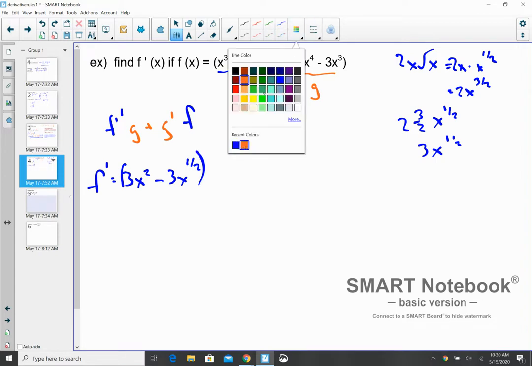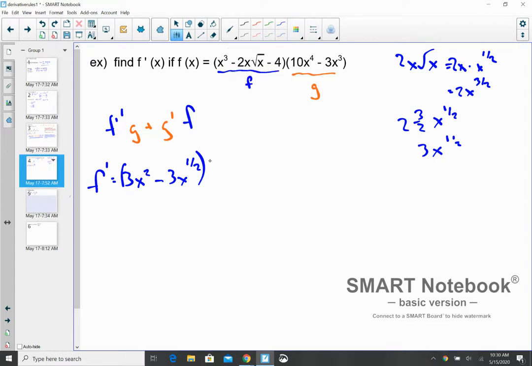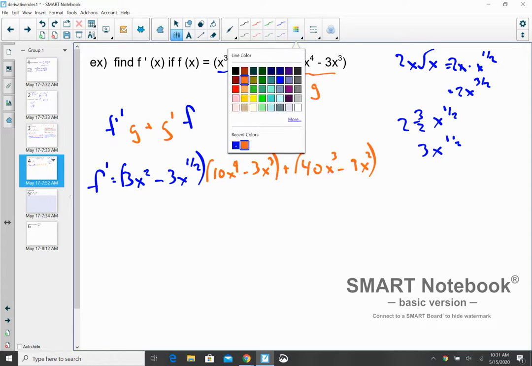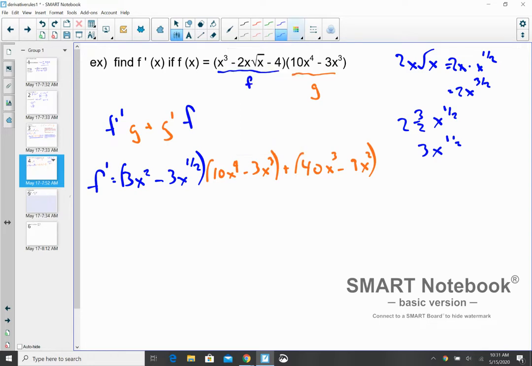All right, let's go orange. G, oh, just rewrite it. Boring. Plus. All right, take the derivative of him. So that's 40x to the 3rd minus 9x squared. And then finally, regular old F, you're just copying it over.